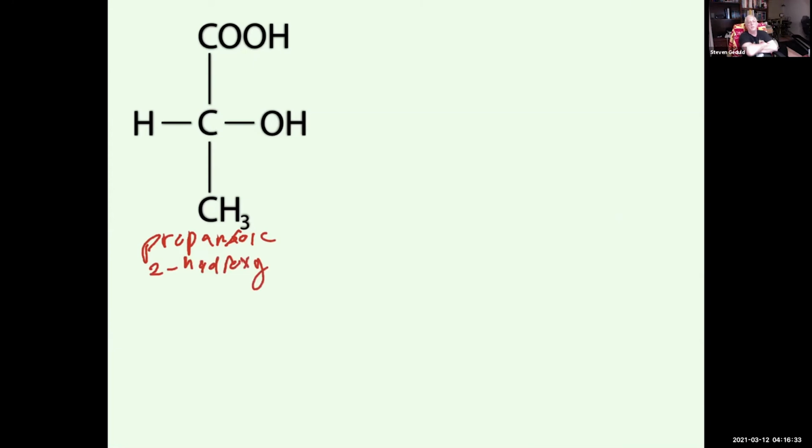So to name that would be 2 hydroxy propanoic acid. It's called lactic acid, found in yogurt. That's also what builds up in the body that causes your muscles to stop working. When you do anaerobic metabolism, when the body muscles are used without the presence of oxygen, one of the breakdown products is lactic acid.